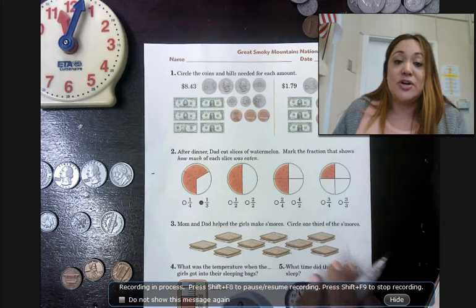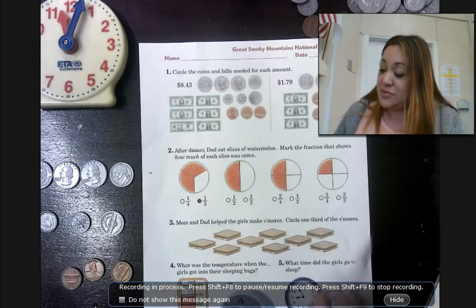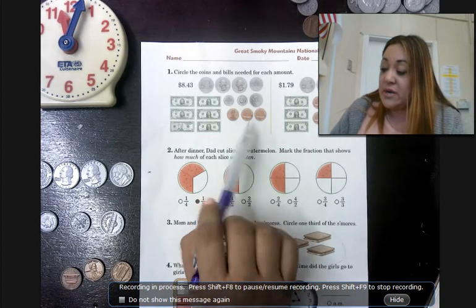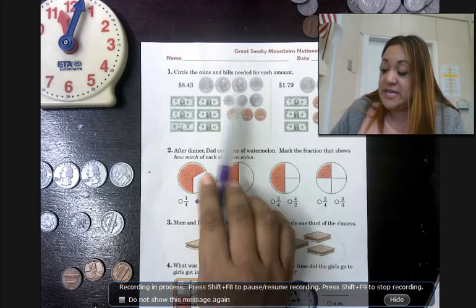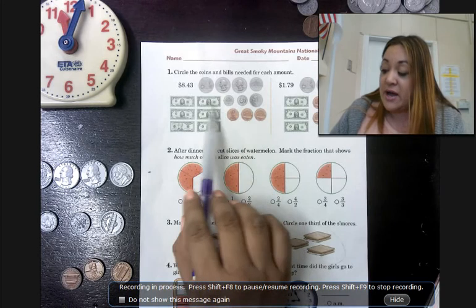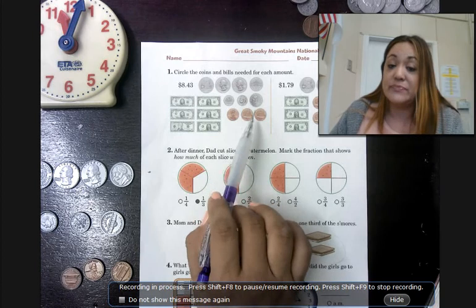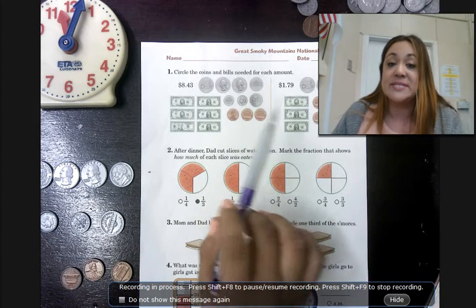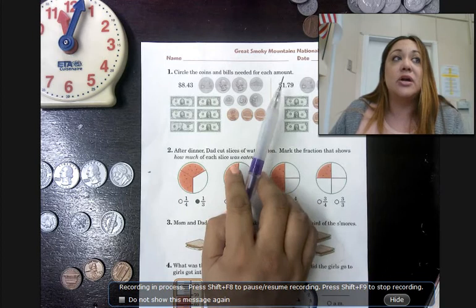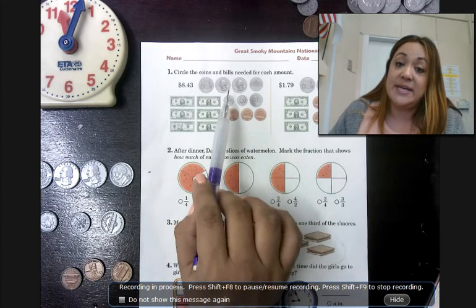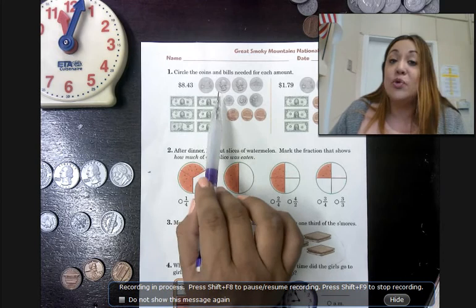So another thing that I want to mention is if you look at number one, it has dollars, bills, and then it also has some nickels, quarters, dimes, and pennies. And God really wants us to make sure that we count our money accurately and we know the value of our money.